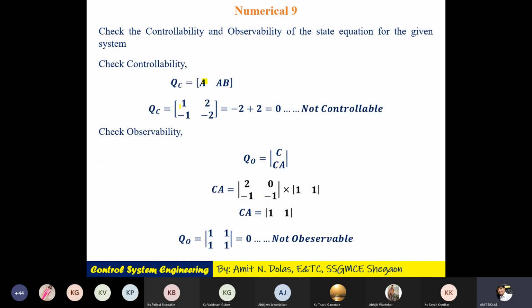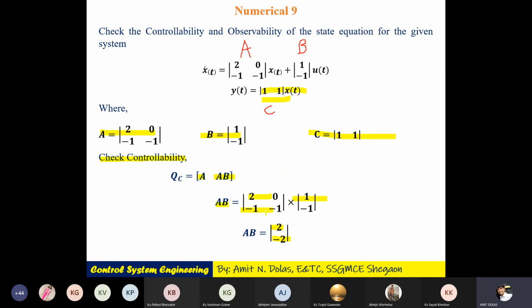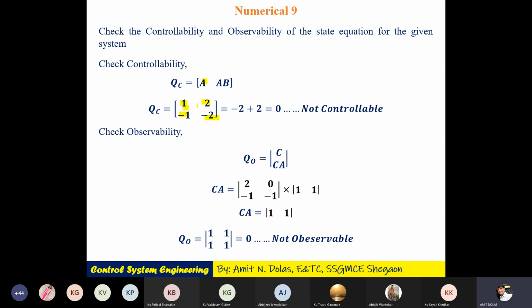So putting into the equation, we get QC after putting the values of B and AB. Please see this. It is 2 into 1, that is minus 2 into 1 minus 2, minus of minus 2 into minus 1, it will be plus 2, it is 0. So 0 means non-controllable.